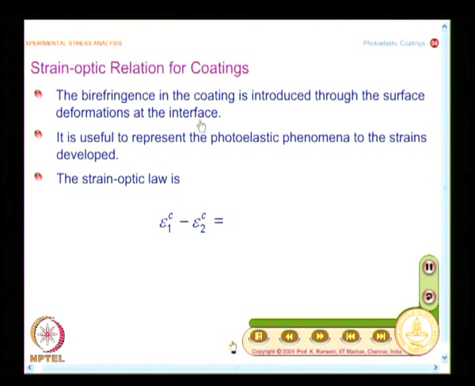So, in view of this, it is useful to represent the photoelastic phenomena in terms of the strains developed. And strain is also a tensor of rank 2. So, instead of having sigma 1 C minus sigma 2 C, I could also think of writing it as epsilon 1 C minus epsilon 2 C.